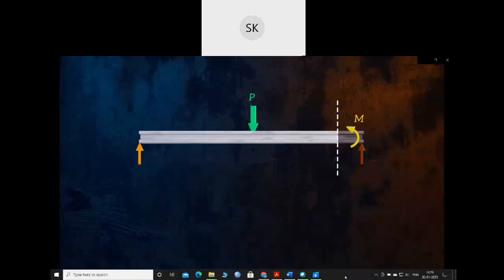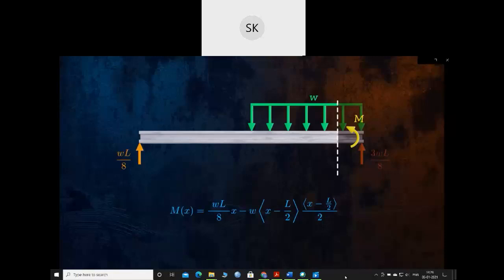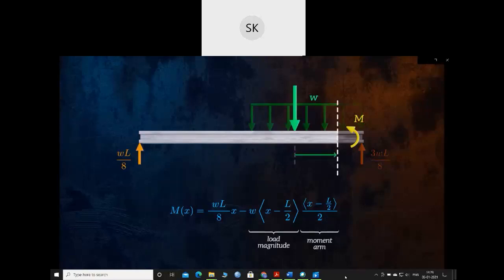The same thing works for distributed loads, although it's slightly different. When using Macaulay brackets for a uniformly distributed load, the bracket has to appear twice, once in the magnitude of the load and once in the moment arm. The moment arm is the distance to the center of the distributed load, so is equal to the length over which the load is applied, divided by 2.